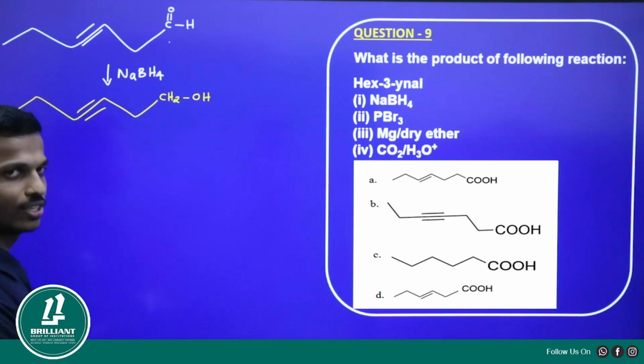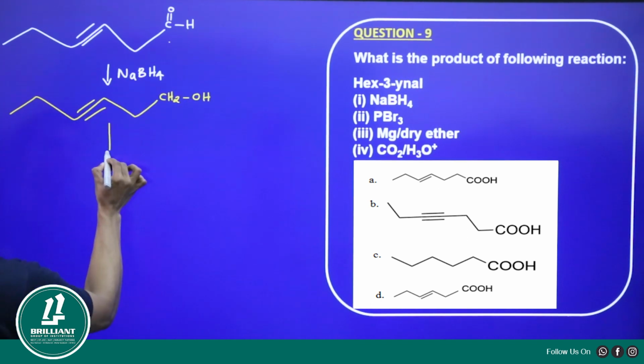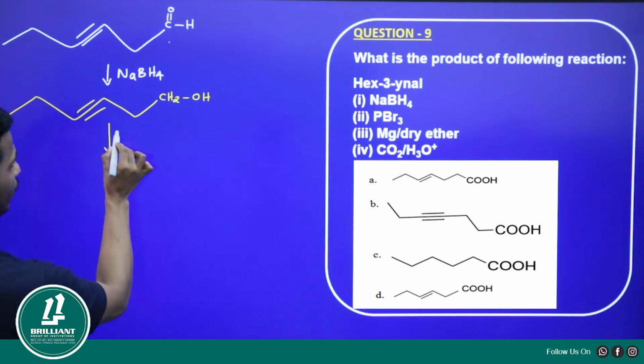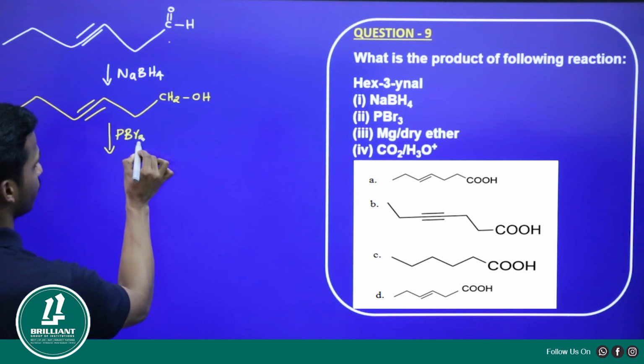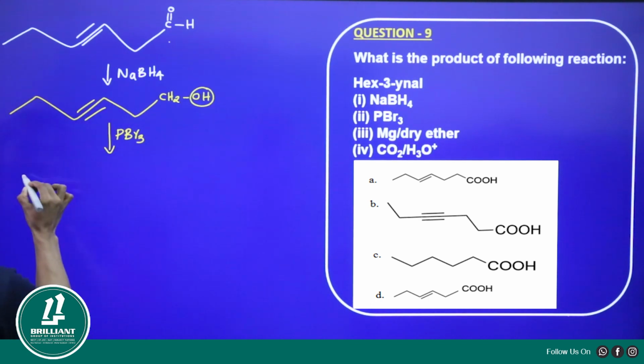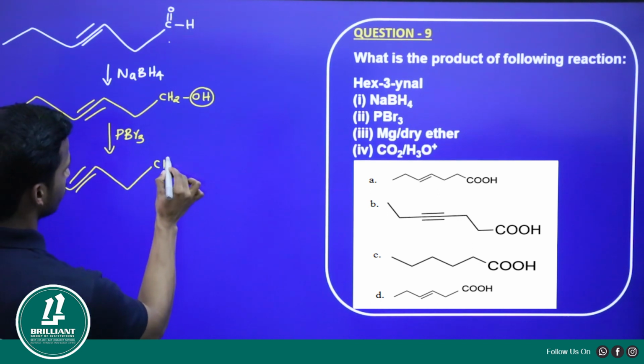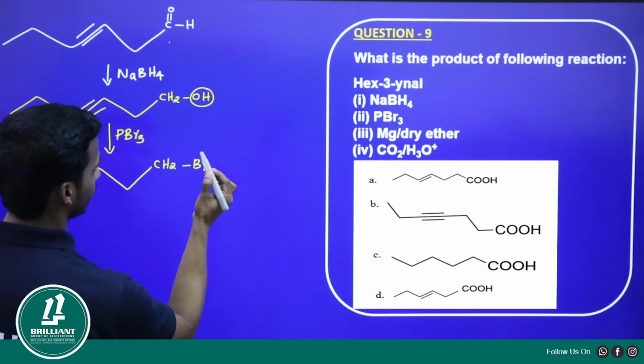The aldehyde becomes a primary alcohol. Second one, what is the second reaction? PBr3. You know, PBr3 is a brominating agent, so bromine will be given instead of OH. So here it becomes CH2Br, right?